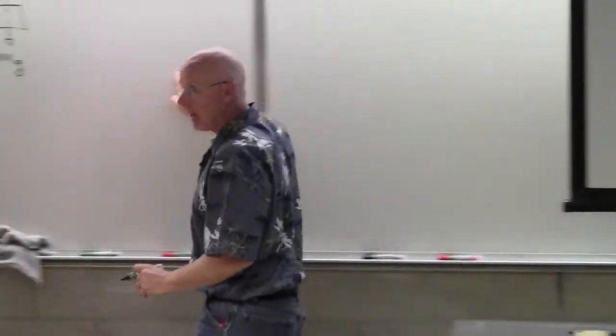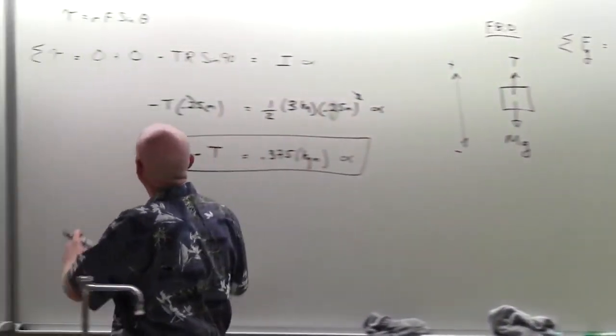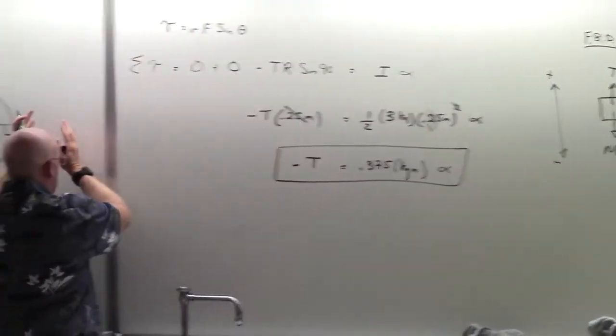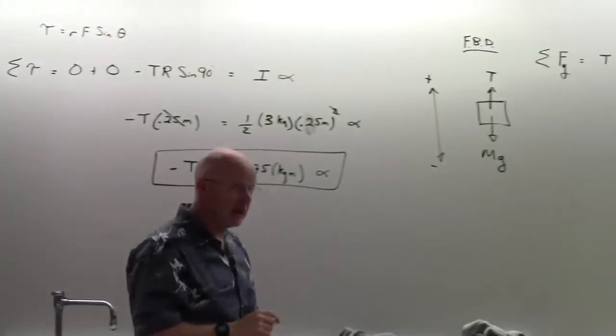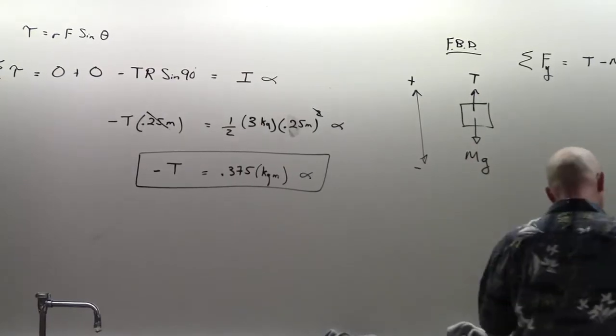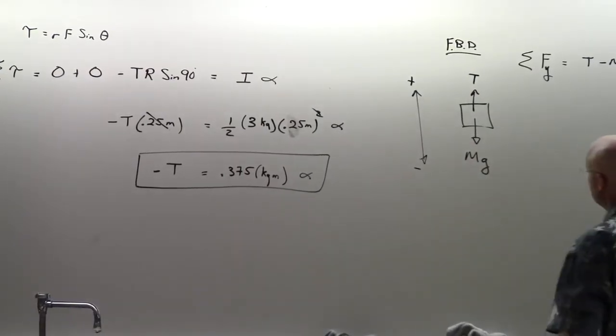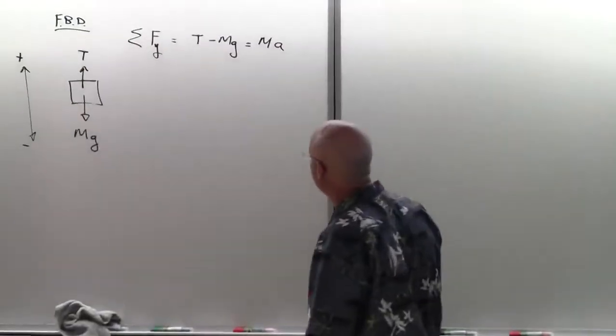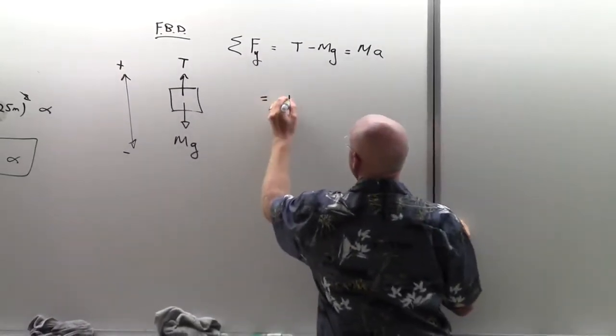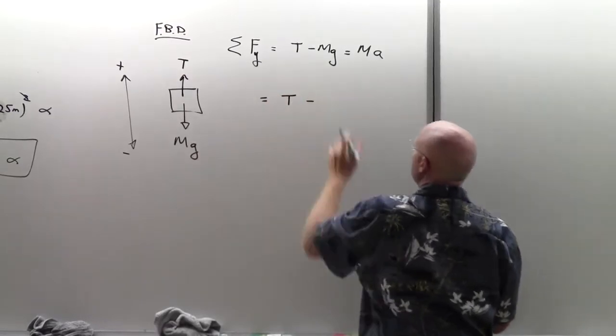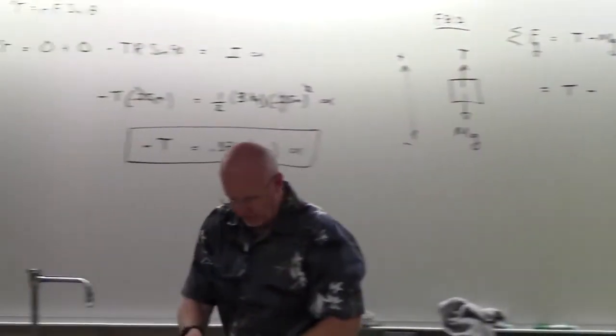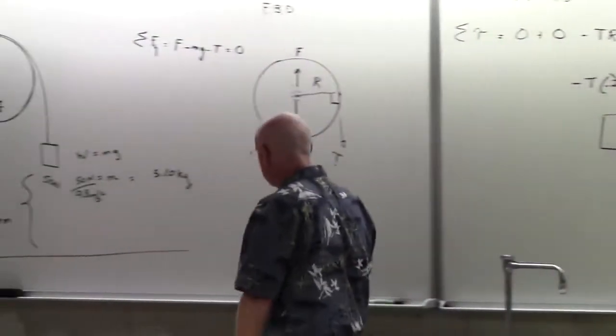So this is chapter 5. And so here is Newton's second law of rotation as applied to, well, the reel. Here is Newton's second law of translational motion. And so again, if I put in my numbers, you'll see what I have here. I have tension minus an mg. Well, mg is this number here.